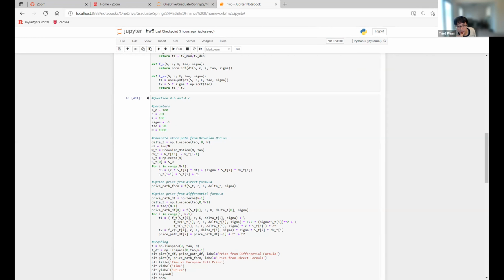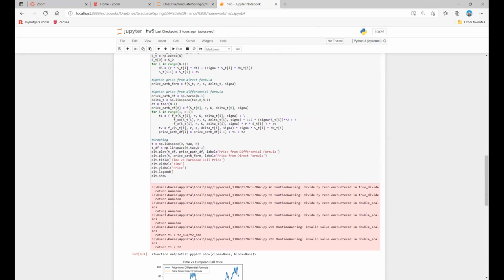So f sub t, f sub xx, 1/2 sigma square s square, f sub x, r s. Now, one of the things I was thinking about is all these runtime error divide by zeros will cause problems.